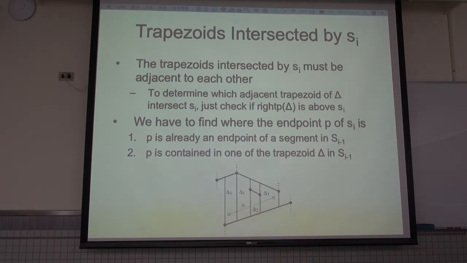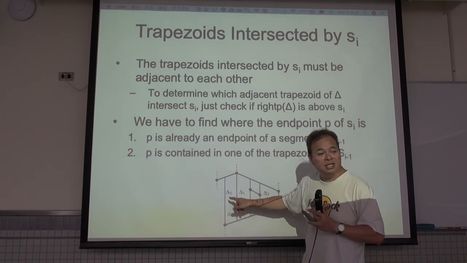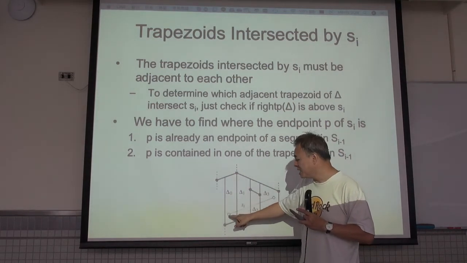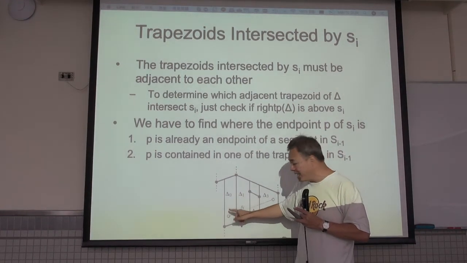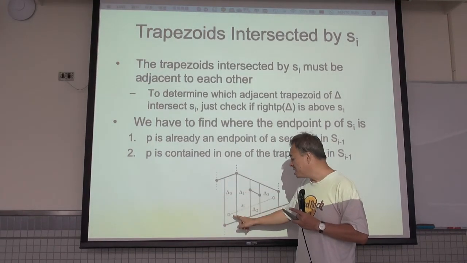So we can use that existing data structure to search for this particular endpoint in order to identify which trapezoid contains that point, and use that trapezoid as a starting trapezoid to find the adjacent ones.